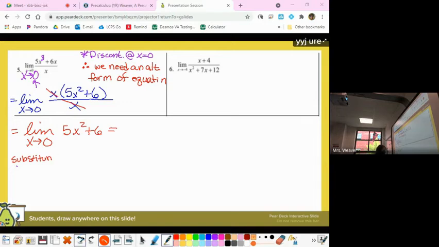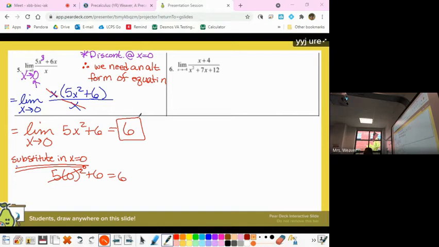We're going to substitute in x equals 0. So 5 times 0 squared plus 6. Anything times 0 goes to 0, so that just equals 6. And so the limit equals 6. The limit of the original equals the limit of this function, which equals the limit of this function. So this original limit is 6.